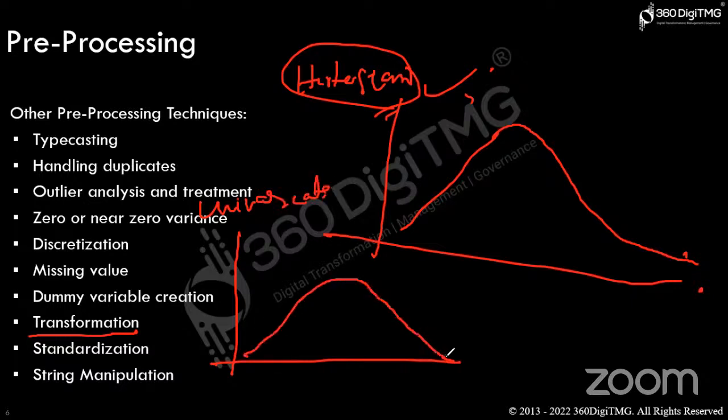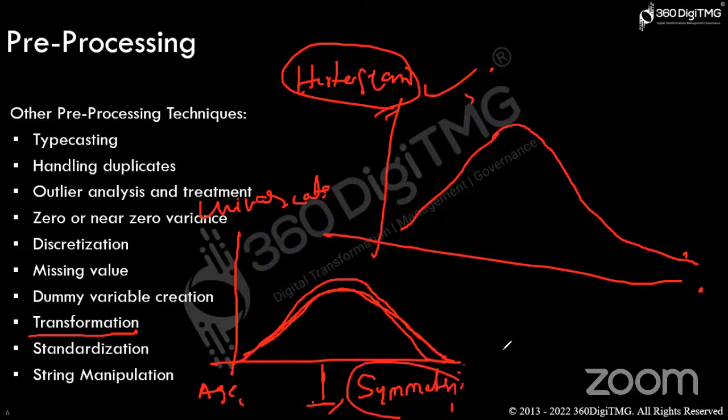If your data is in a bell-shaped curve, let's say it is an age column, if the age column is in a bell-shaped curve, in that case it is taken as symmetric or normal data.